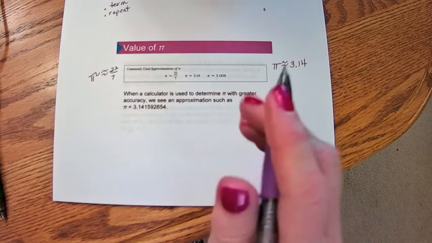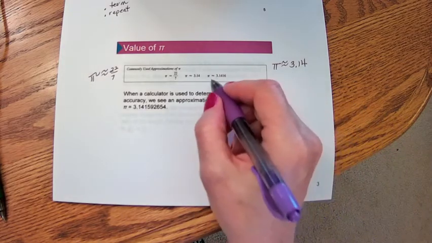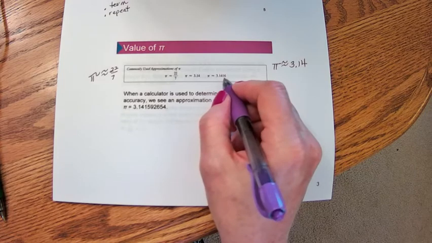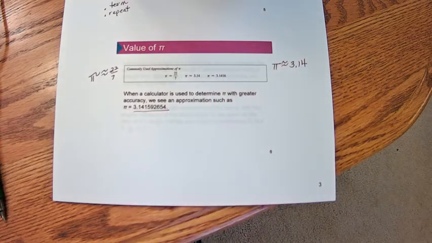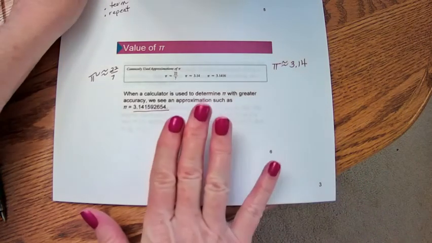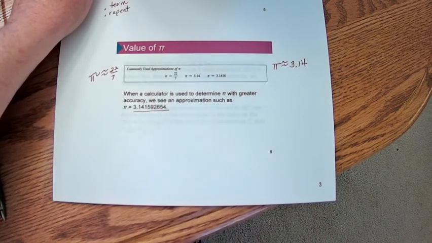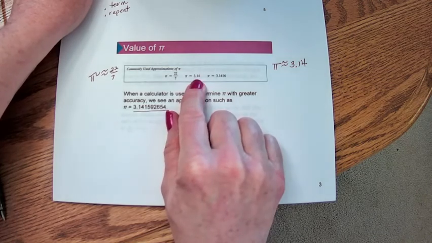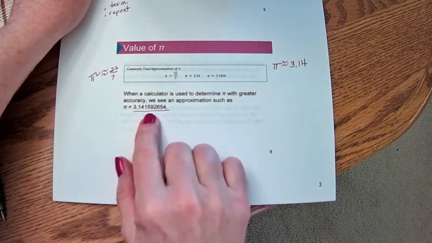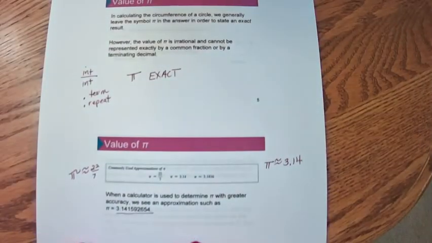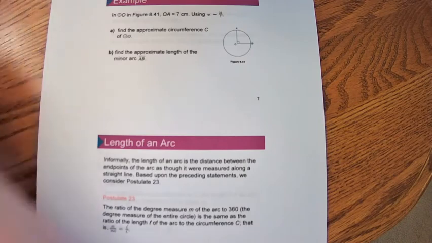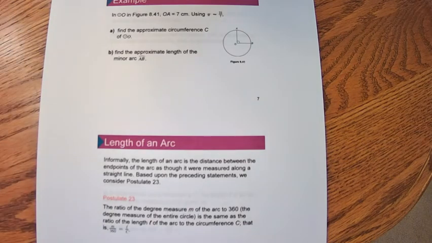Or if you use your calculator and just type in pi, every calculator should have a pi button, you'd get 3.1416 and maybe even some more digits, 3.14159. If you're asked to estimate, often the question will tell you use 22 over 7, or use 3.14, or use your calculator's value for pi. But if they're asking for an exact value, keep pi in your answer.